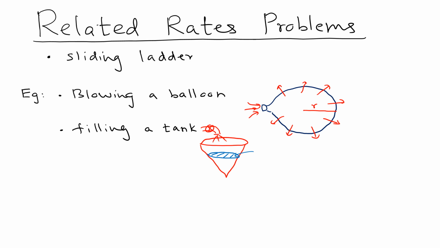It's not the same: at the bottom it's a small radius, but as it goes higher and higher, the radius changes. So the rate of change of the water volume and the rate of change of the radius are related to each other. Those are the kind of problems we can look at under this topic.